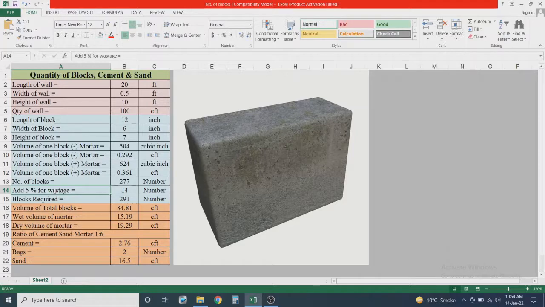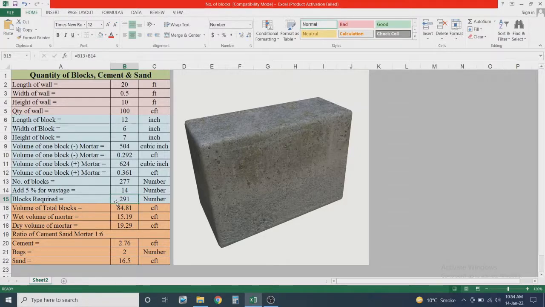Some of the blocks will be deteriorated or broken down, and while using, some of the blocks will be deteriorated or broken down. So we will add an extra 5% to the calculated number of blocks. 5% of 277 is how much? It is 14. So the total blocks required for our wall will be 277 plus 14, which is equal to 291.